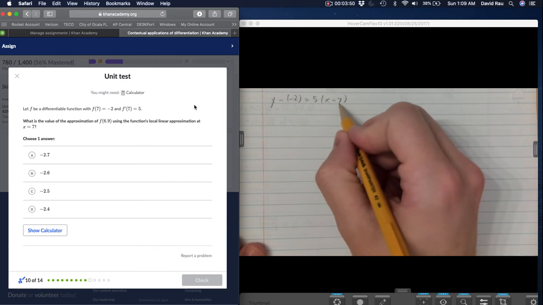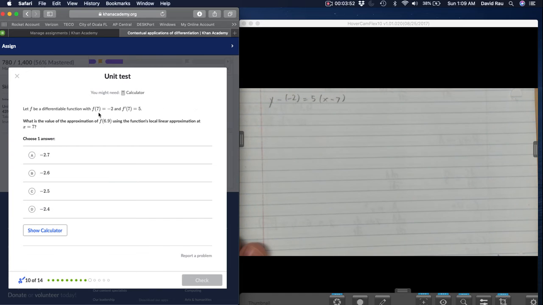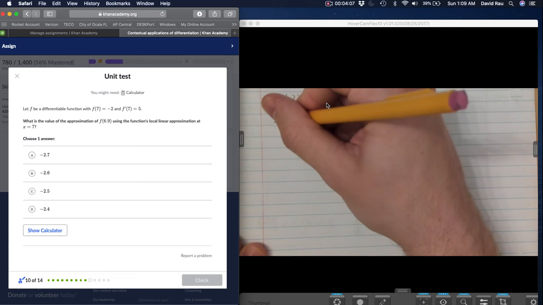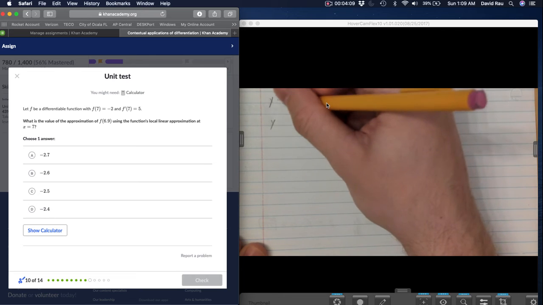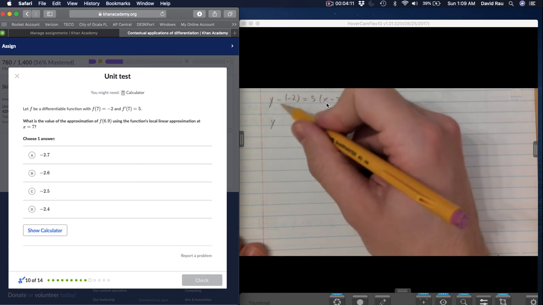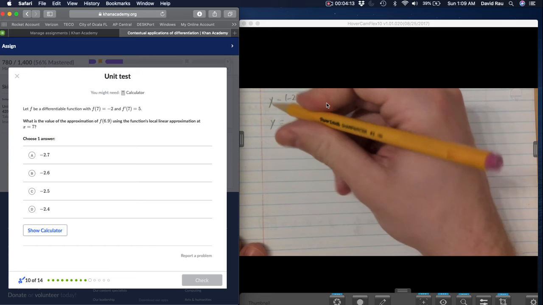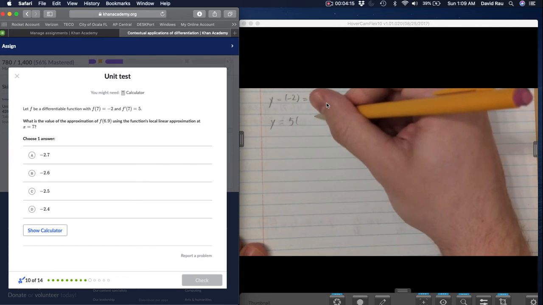So we have x1, we have y1, and that's coming from this first block, x1, y1. And then we have the slope at x1, and that's how you start your problem off. And now we're trying to approximate what the value at 6.9 is. So what we do is we plug in 6.9 here. Some things to realize is that this is really plus 2 when you simplify it. Our goal is to find y, so what I'm going to do is I'm going to write it like this.